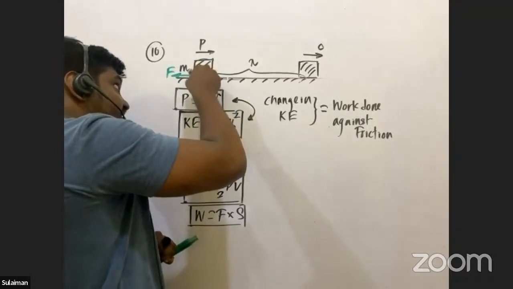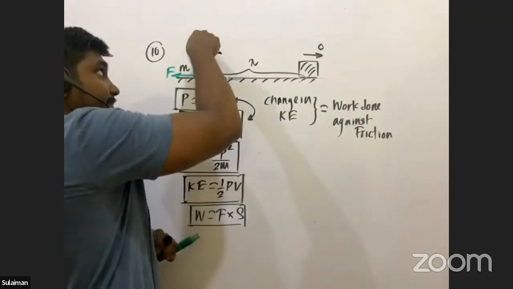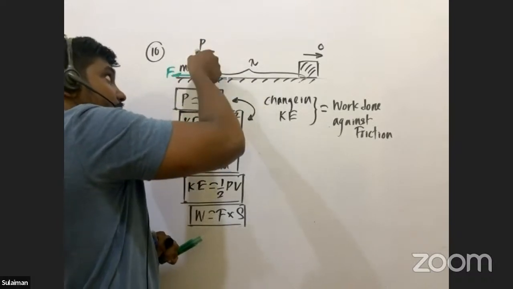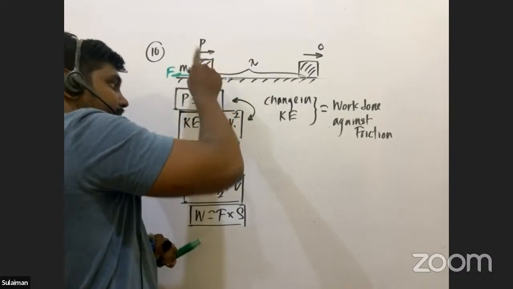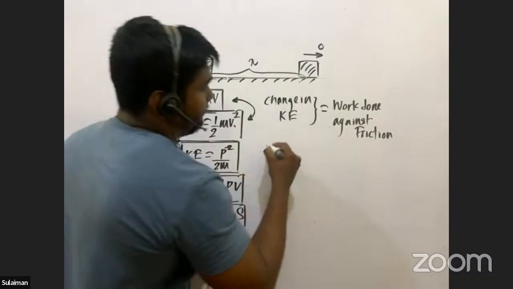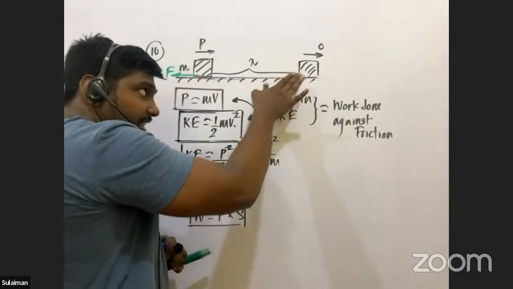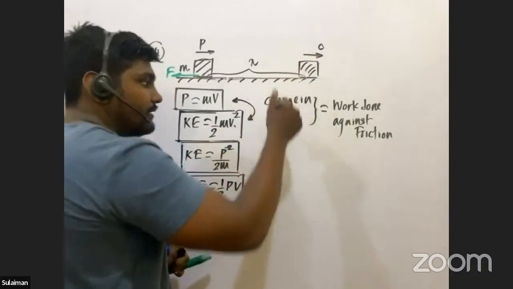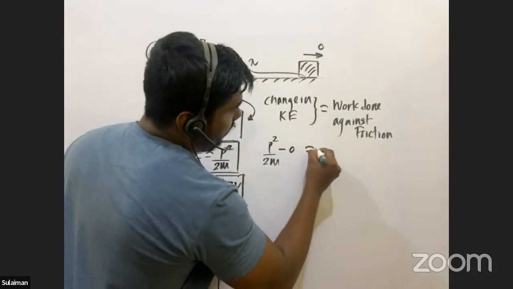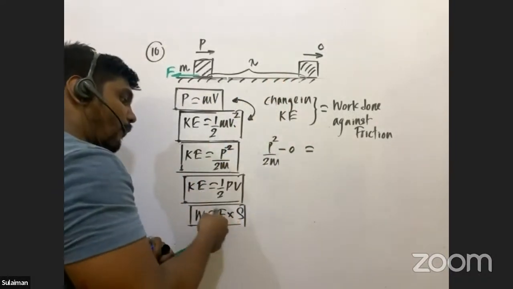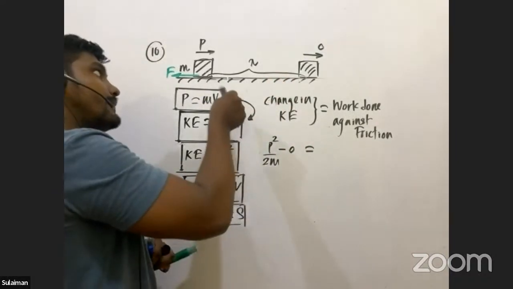What is the kinetic energy at the beginning, in terms of P and m? P squared over 2m. Final kinetic energy is 0 because velocity is 0. This equals work done against friction. Work done means force into displacement. Now who is your force?